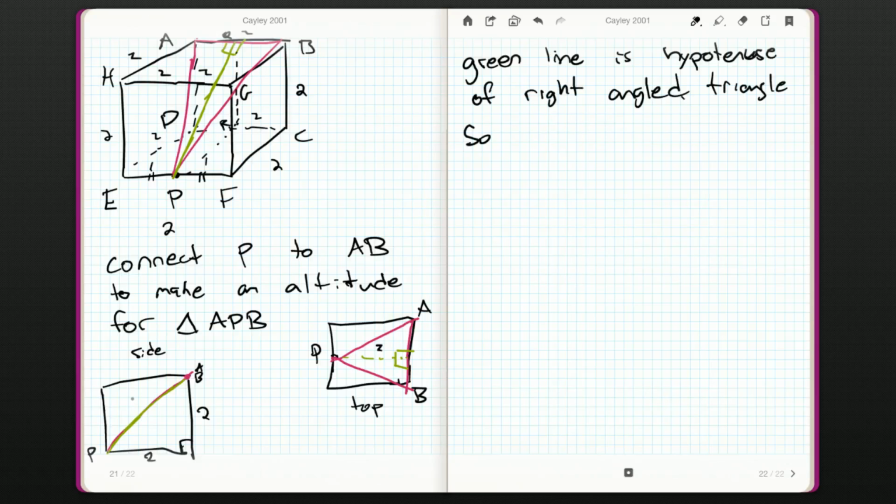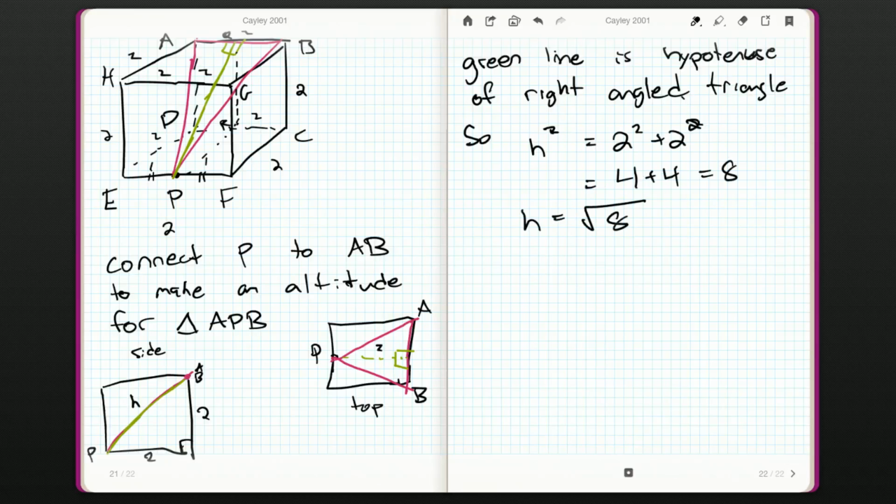Let's call the height H. So being the hypotenuse, H squared is going to be the same as 2 squared plus 2 squared. This is the Pythagorean theorem. Should be old hat by now. So that's 4 plus 4 is equal to 8. So H squared is equal to 8.